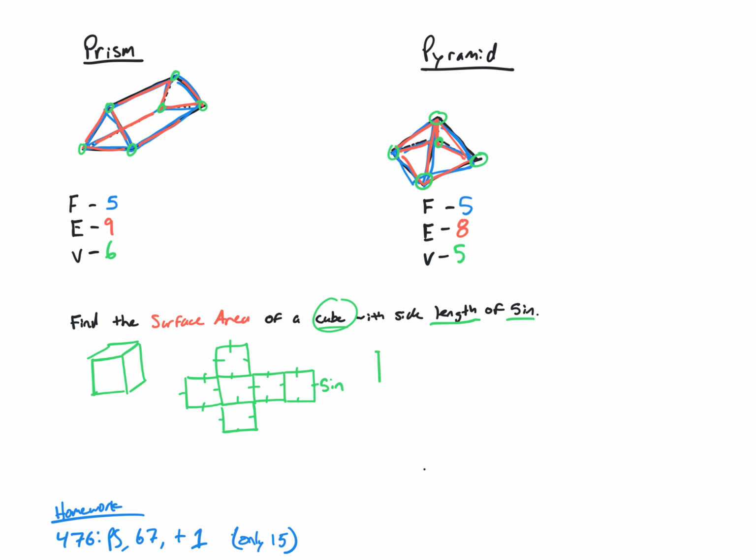So the area of one square is going to be 5 inches by 5 inches. So the area of one of them is going to be 25 inches squared. And then I have 1, 2, 3, 4, 5, 6. So I'm going to say 6 times the 25 inches squared. And my area, the surface area, is going to be 150 inches squared.